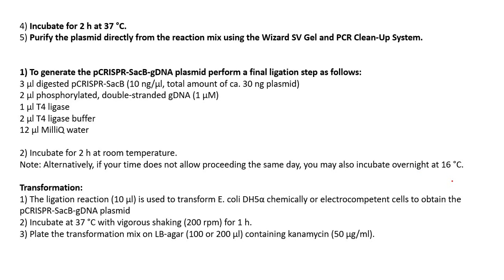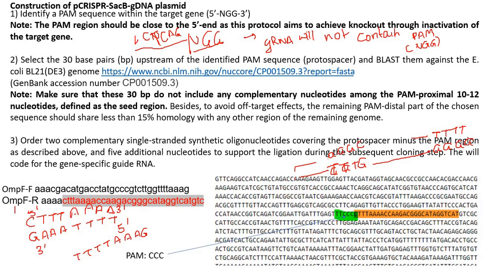Now you have to do the transformation, and for that you need bacteria, which is E. coli DH5 alpha, chemically or electrocompetent cells. You can purchase them, or if you have bacteria you can make them chemically competent. Once you have it, you first transform this bacteria with this plasmid, pKS9. After that, you transform with the pCRISPR-SEC plasmid.